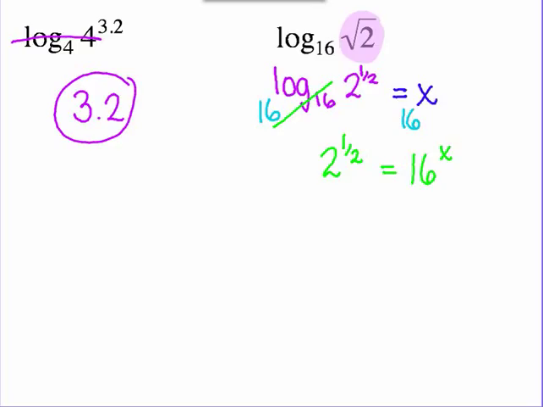Now this problem is a little more workable because I now have a base of 2 and a base of 16. What do I know about 16, this number here? It's even. Keep going. It's 2 to the what? 4th. Good. It's 2 to the 4th.